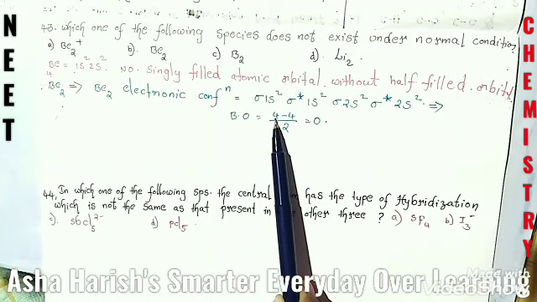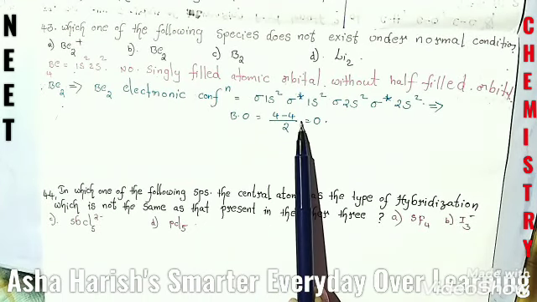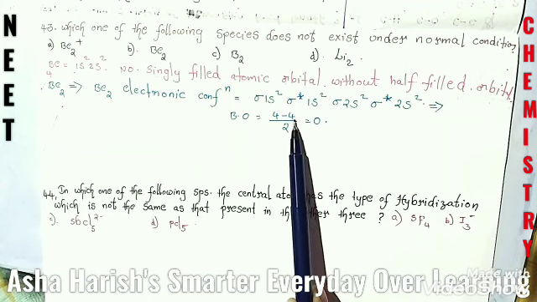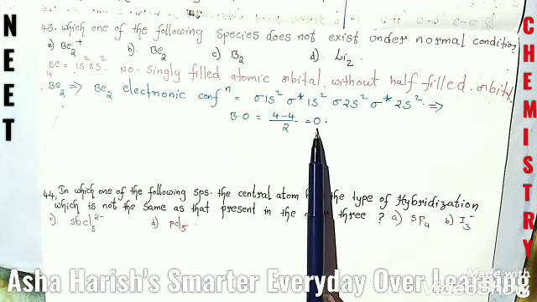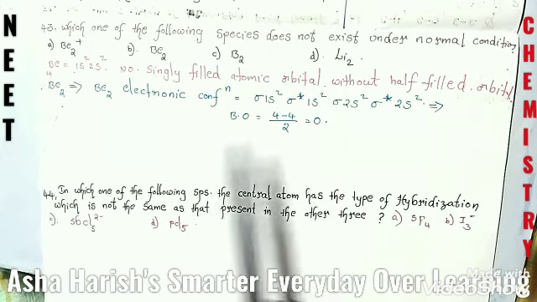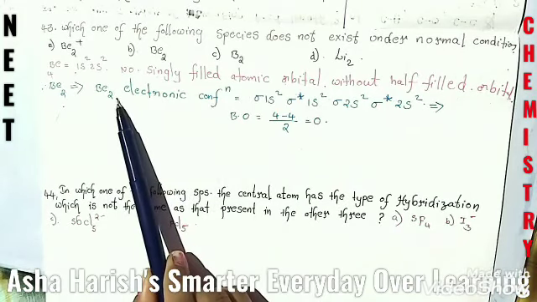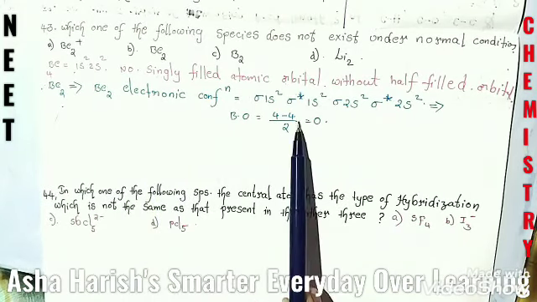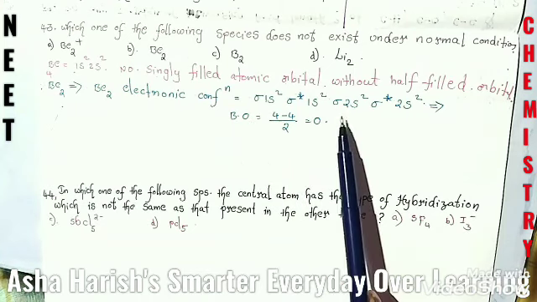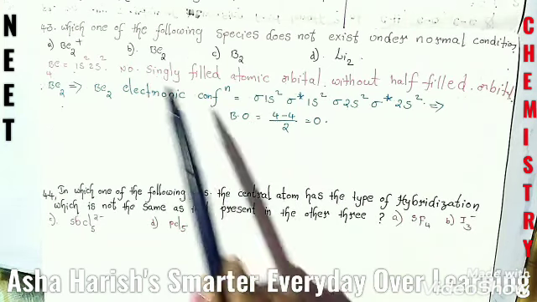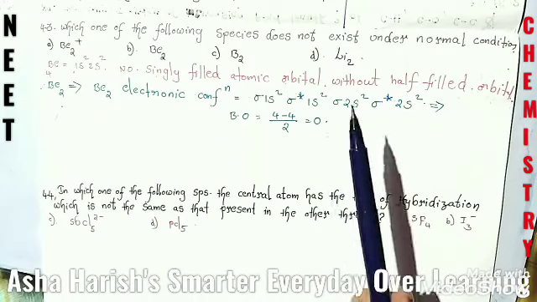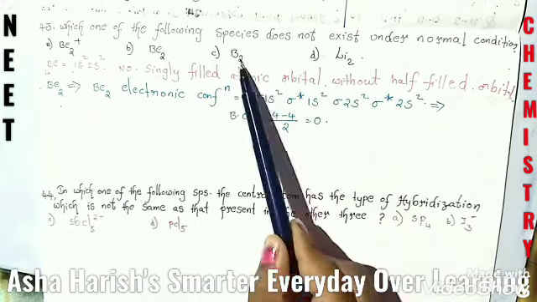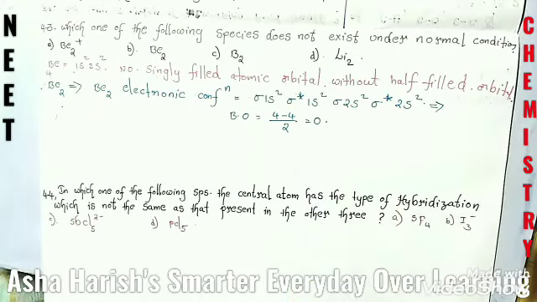Bonding orbitals Nb 4 minus anti-bonding orbitals Na, that is also 4, by 2. We have here 0. Then we can say this Be2 molecule does not exist. Okay, so I think we got the answer here. Option B is the correct one. Let's go for the next also. Why are these two wrong answers? Let's do it.